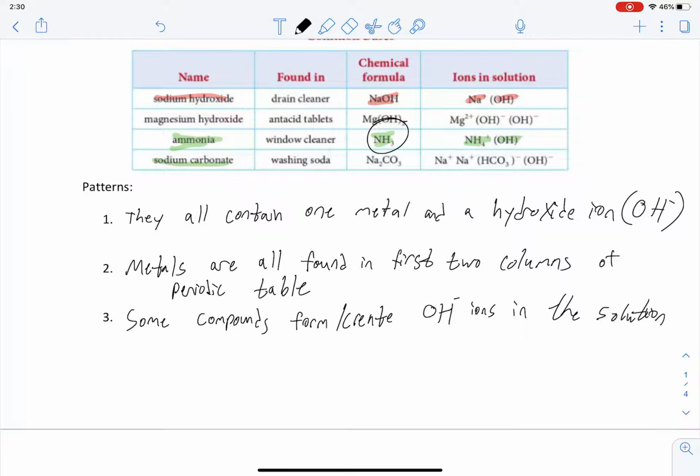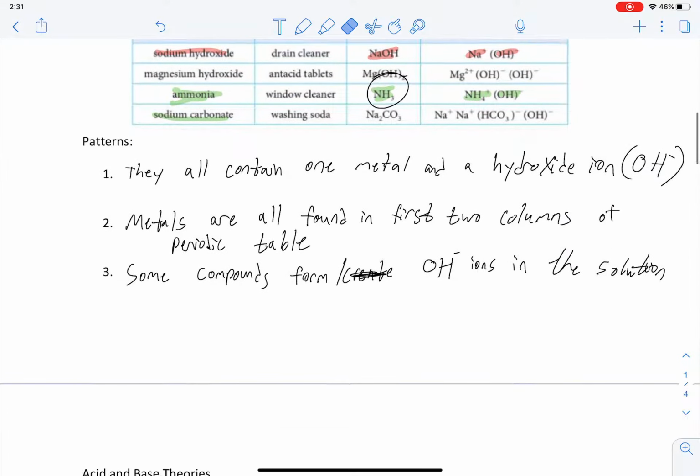Create's probably not a great word, so we're going to strike that, because again, law of conservation of matter, we're not creating hydroxide ions. We're actually using the oxygen in water molecules to form those hydroxide ions. Okay, so also, just a fourth one, not all of them have the word hydroxide in them. Some of them do, but ammonia and sodium carbonate do not. So we can't use their names as an indicator of whether it's an acid or a base.